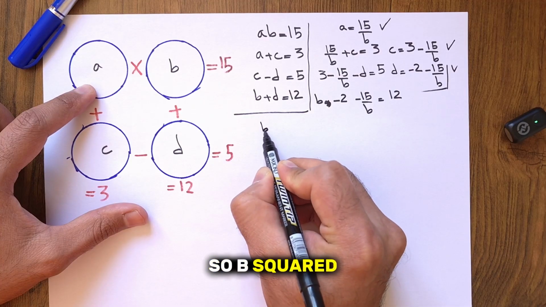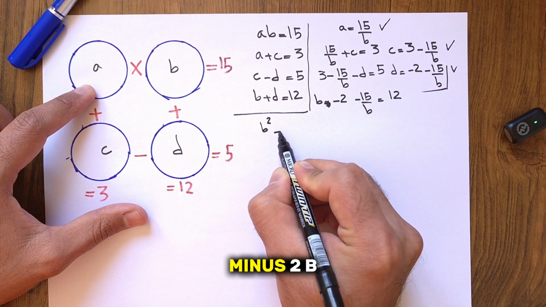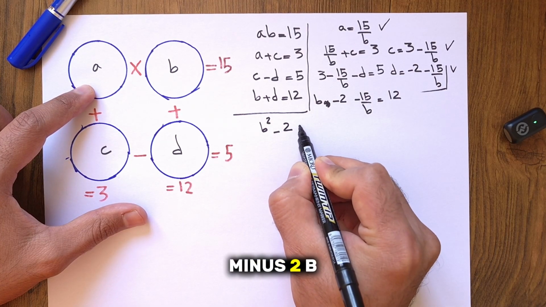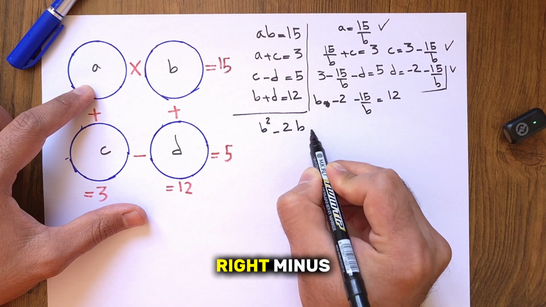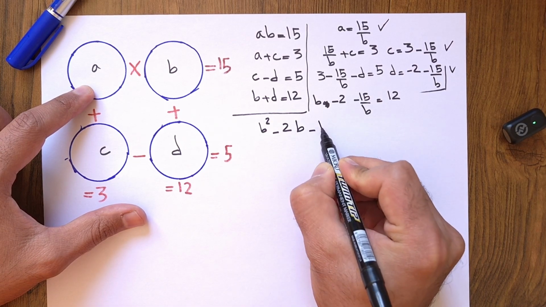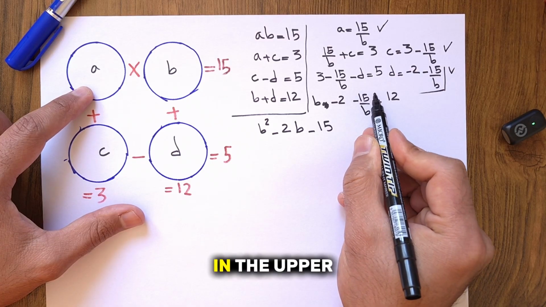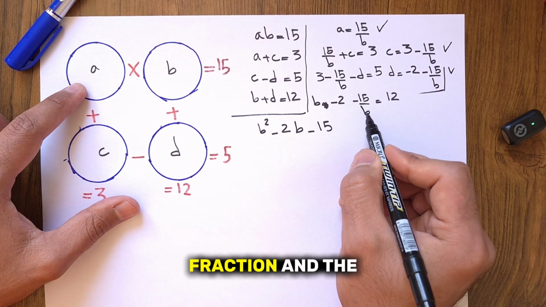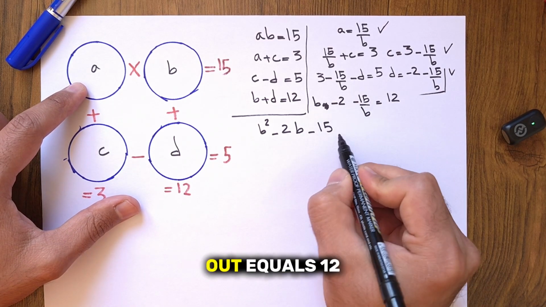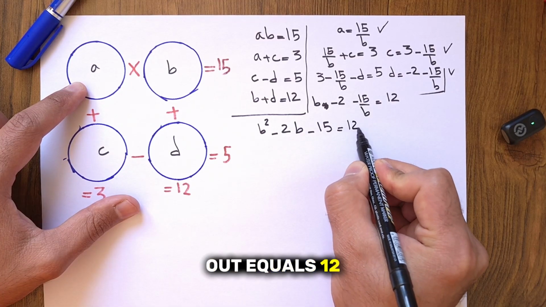So B squared minus 2B plus 15, because the B in the upper part of the fraction and the lower part cancel out, equals 12B.